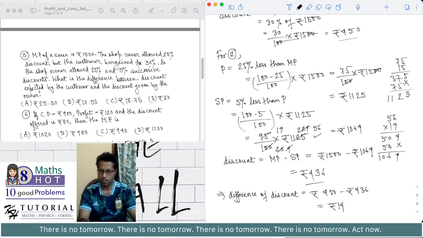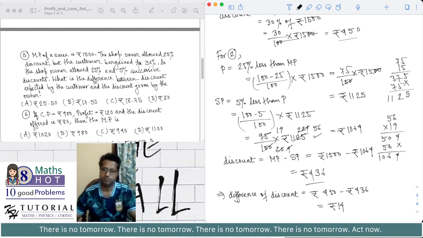I tried simplifying: 5 divides 95 with 19, 5 cancels 100 with 20, 5 cancels 20 with 4, 5 cancels 1125 with 225.